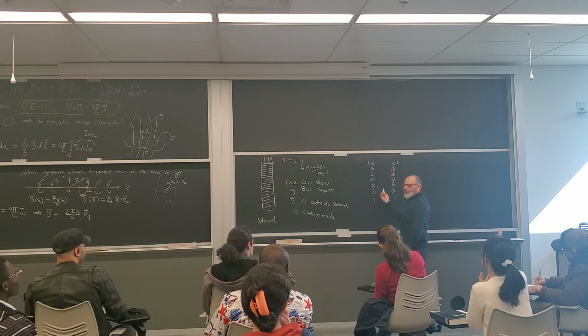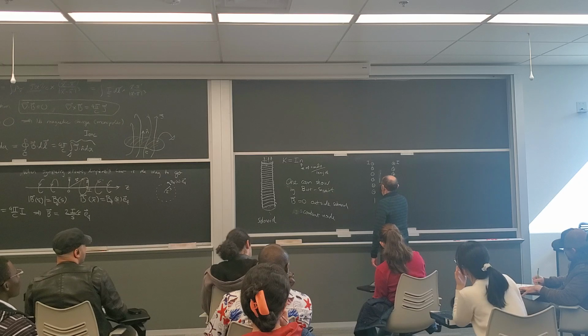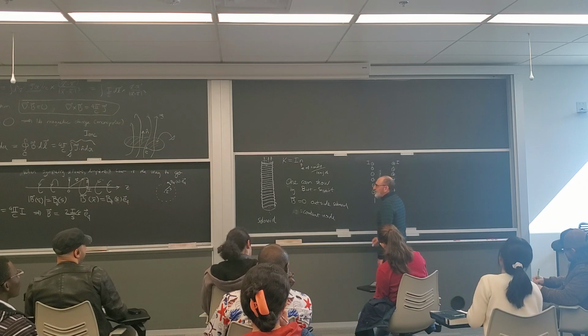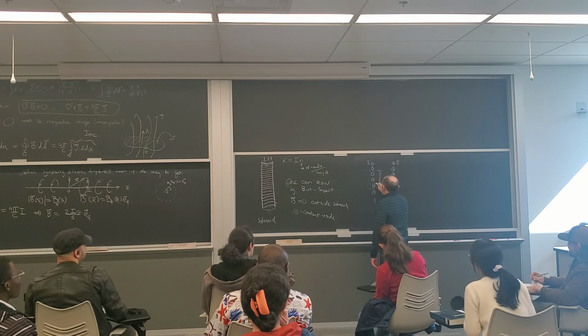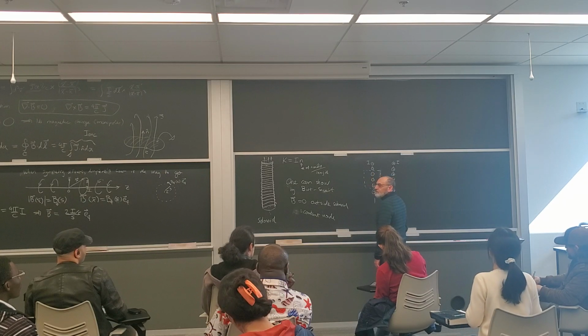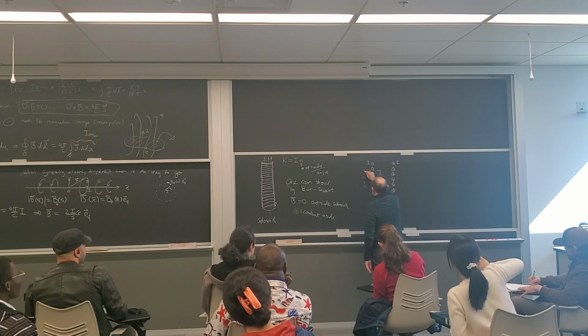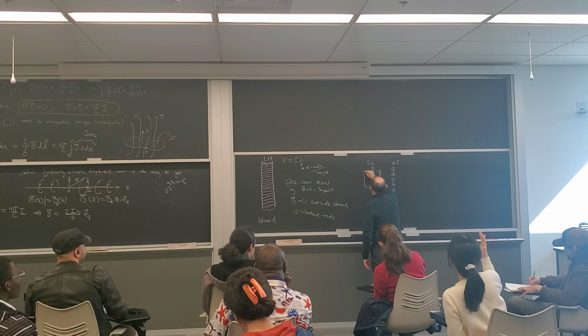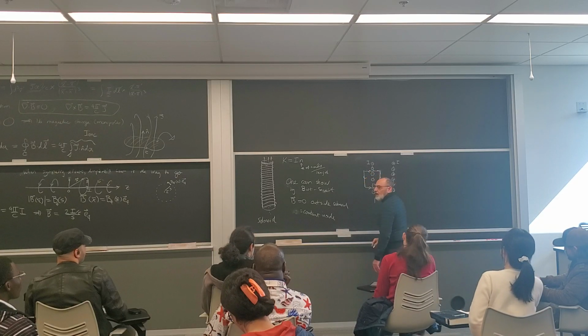Well, we know the magnetic field is pointing in the z direction, so I should choose a contour that points along the z direction. It has no component like this, right? And so I'm going to choose my contour that goes like this. Okay?